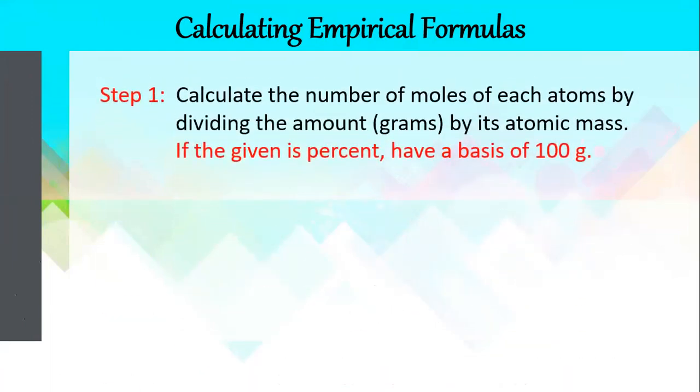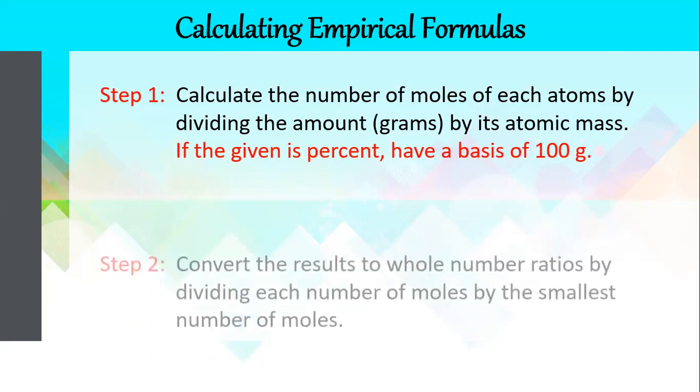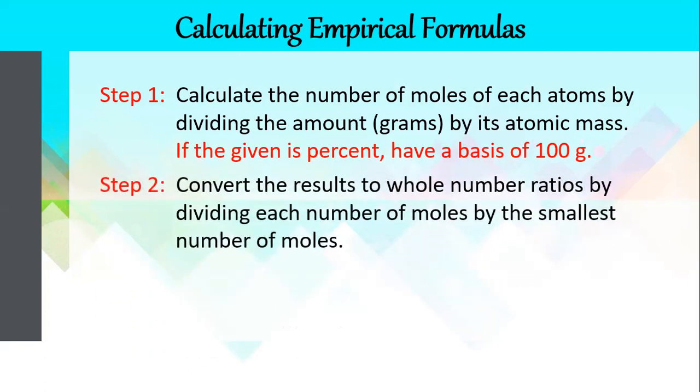Step 1, calculate the number of moles of each atom by dividing the amount, which is in terms of grams, by its atomic mass. So if the given is in terms of percentage, you must have a basis of 100 grams. Next step, convert the results to whole number ratios by dividing each number of moles by the smallest number of moles.